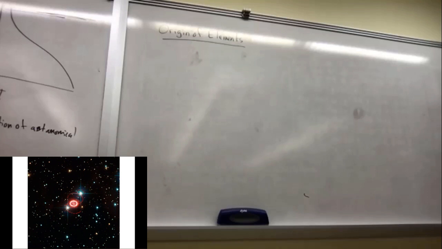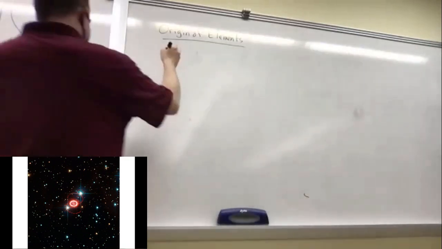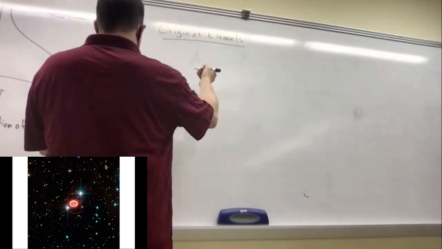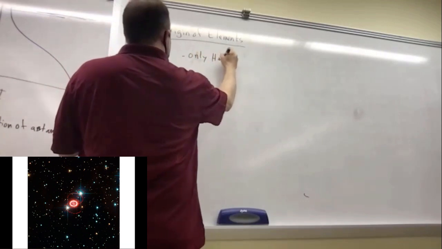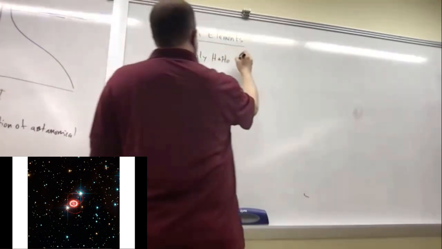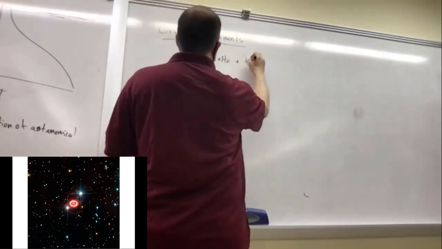And then it sort of freezes out at the 3 to 5 minute mark. And after that, the abundances are set at the beginning of the universe. And that is roughly entirely hydrogen and helium, and trace amounts of other stuff.